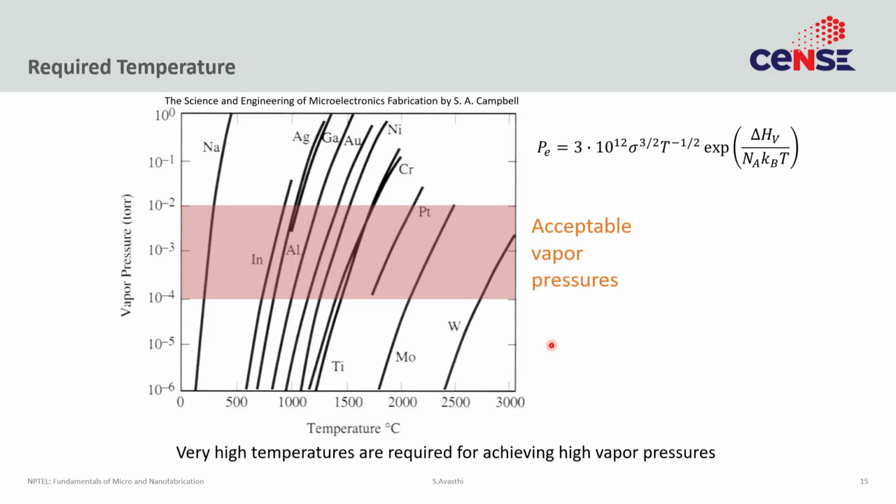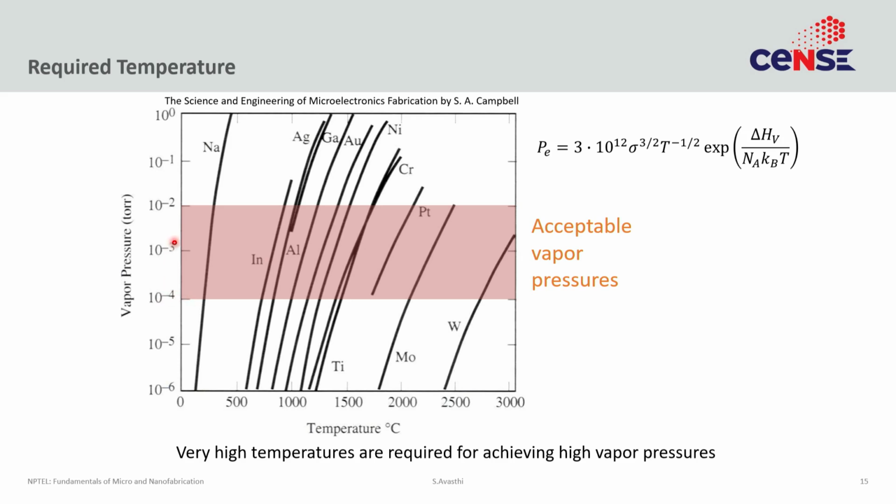So, here is an example of what the vapor pressure of various metals is at different temperatures, and you see that within a very small change in temperature, you can actually go from -6 vapor pressure to -2 vapor pressure. Now, because we are doing the deposition in high vacuum and you want the arrival ratios to be at least 100, we want the vapor pressure of the material we want to deposit to be at least -4.